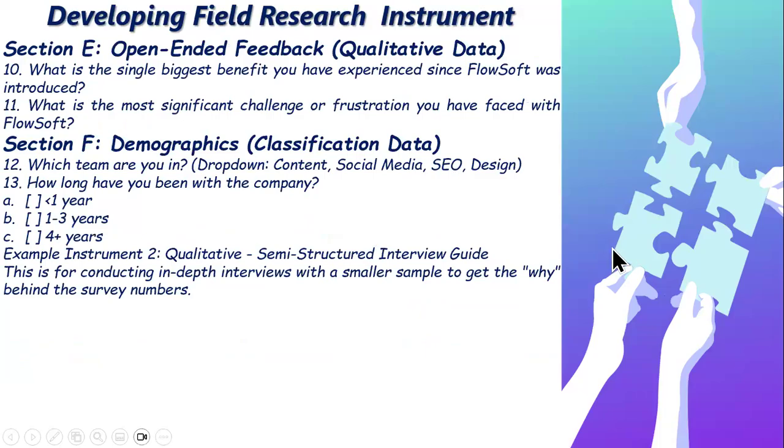Section E, open-end feedback. What is the single biggest benefit you have experienced since FlowSoft was introduced? So it's open-ended. The answer will come in words. Again, what is the most significant challenge or frustration you have faced with FlowSoft?